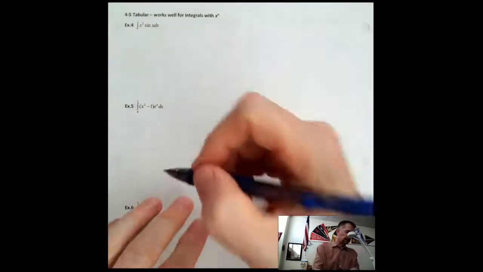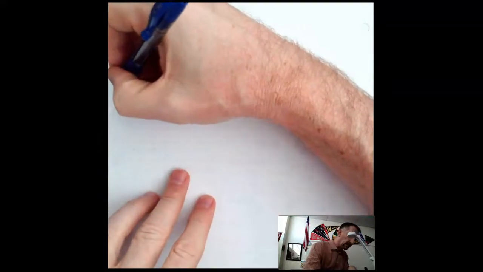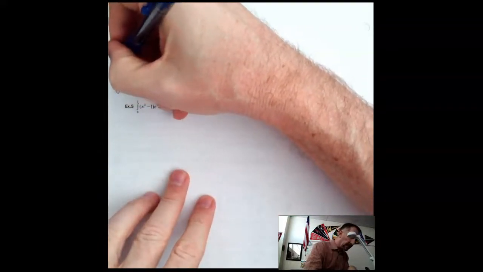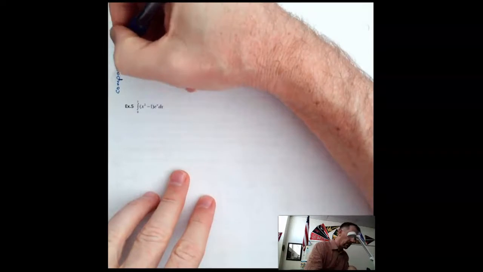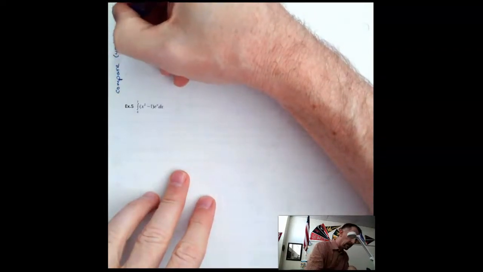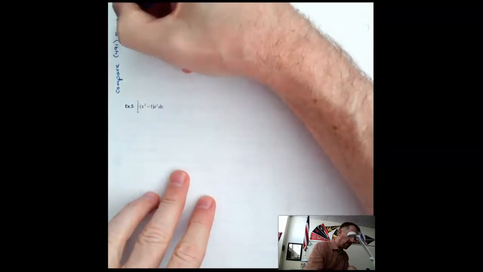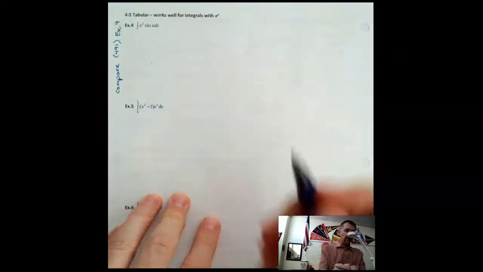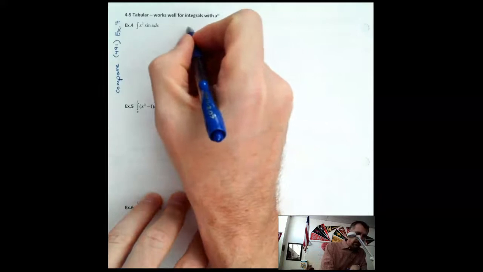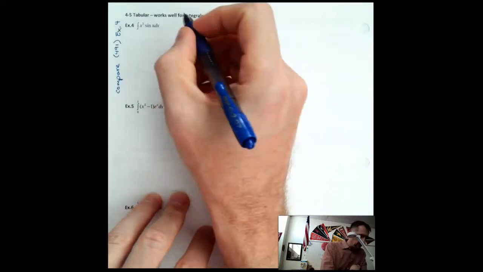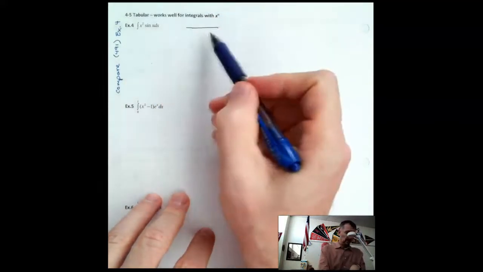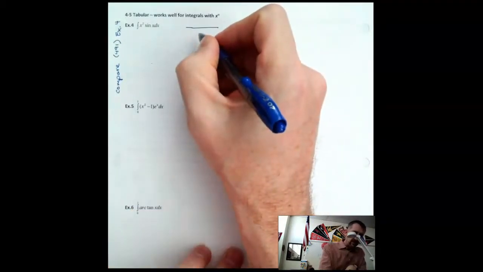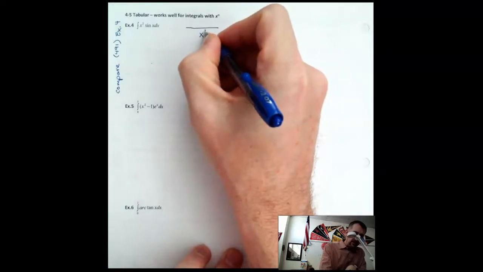So you can compare this to page 491, example 4 in the Larson book, in the blue book. Alright, so I have my little table here, and I'm going to start with u, and I'm going to put x squared.